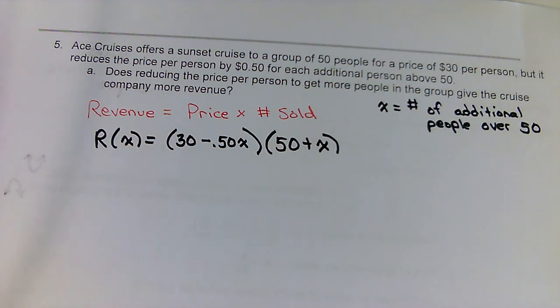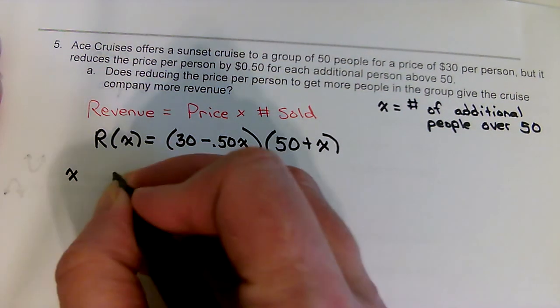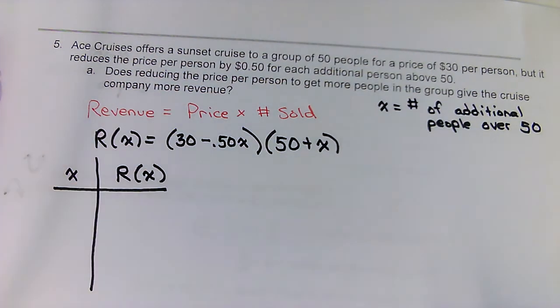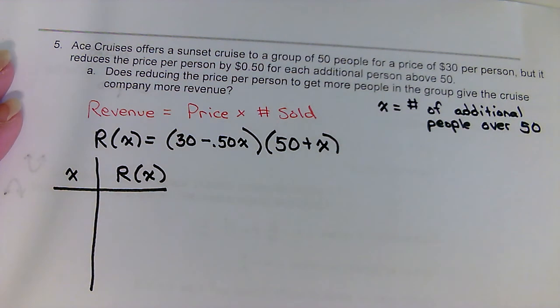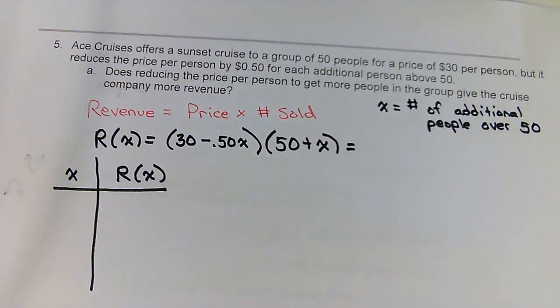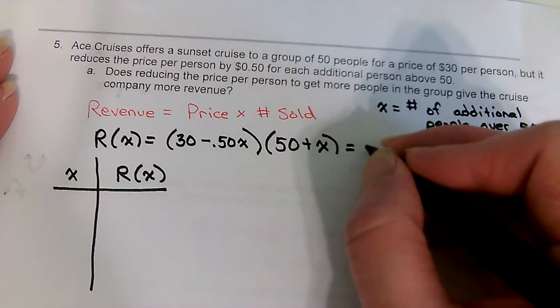So we could actually make a little table. I'm actually going to go ahead and multiply that out so we can put it in the calculator a little bit easier.